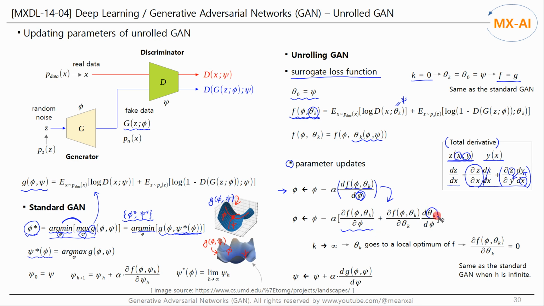Theta k is the parameter resulting from the discriminator update step. The second term captures how the discriminator would react to a change in the generator. This component represents the change in theta k with respect to the change in phi.